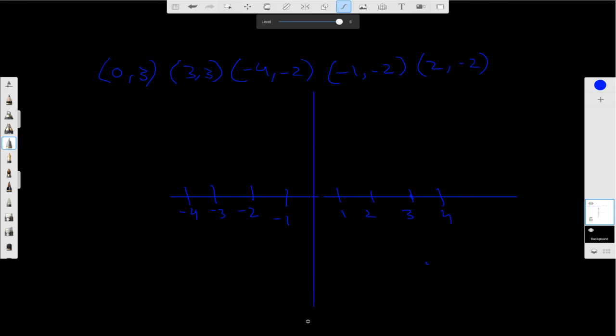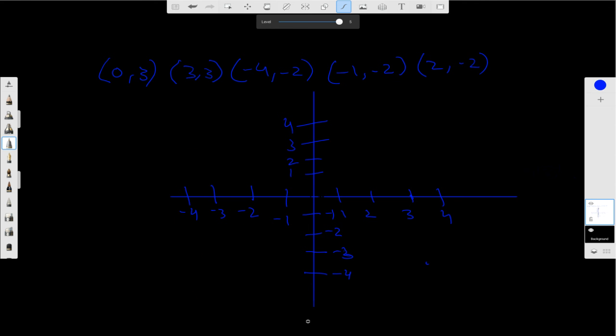And then we got 3 over here. Honestly, I'll just do everything as 4. 1, 2, 3, 4. Nope, that's supposed to be a 3. And okay, so we got a simple graph here, and now we're gonna plot these down.